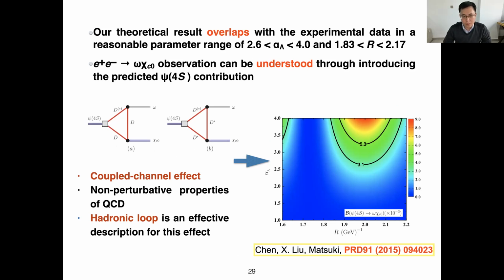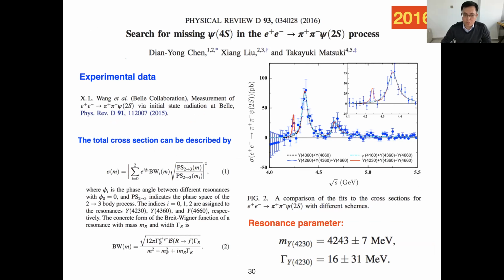In another paper from our group, we also studied the e+e- to psi(2S) pi+pi- process. In this paper, we want to emphasize that the missing psi(4S) around 4.2 GeV exists in the psi(2S) pi+pi- invariant mass spectrum.